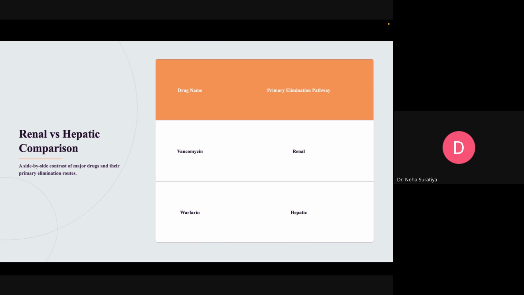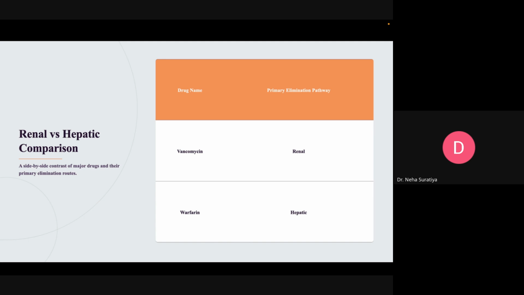If the patient is taking vancomycin, we will first calculate using the Cockcroft-Gault formula and check creatinine clearance. If the patient is taking warfarin, we will monitor INR, liver function tests, bilirubin, albumin, hepatic encephalopathy, and ascites.